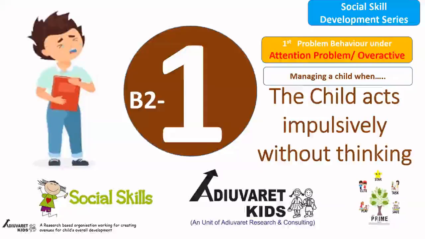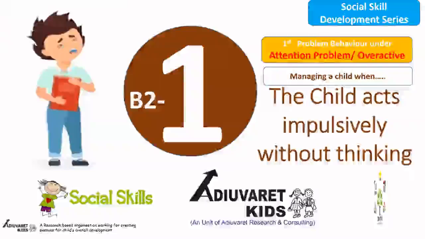The very first one, we have to check if the child acts impulsively without thinking. This is a very common behavior among the children in the age group of 2 to 6 years. But if we are not aware enough about this, then this may lead to a bigger problem in the future.